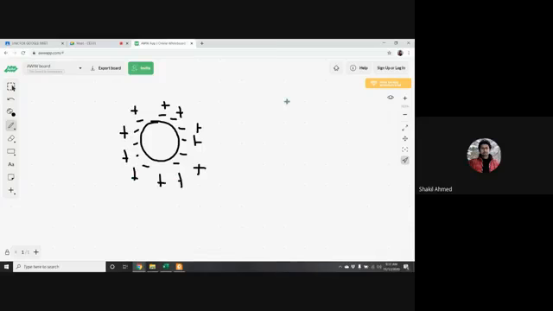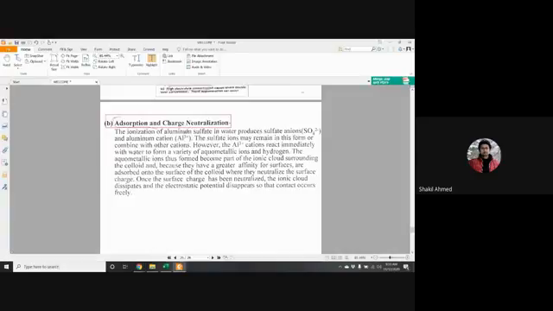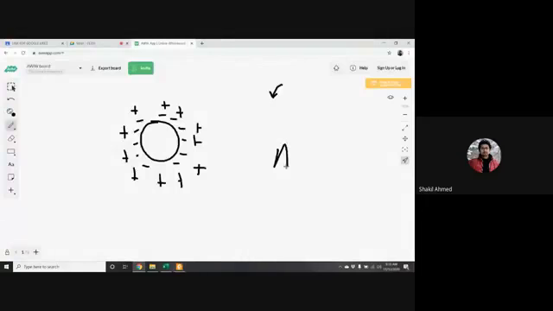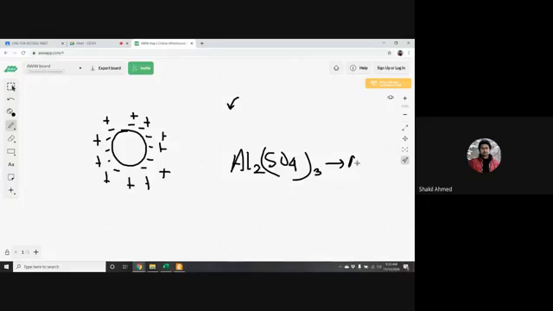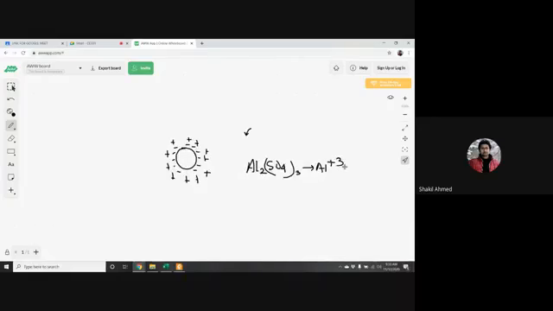If you add some species in water, like aluminium cations, aluminium sulfate, what would you get? You will get aluminium ion plus 3 and sulfate ion.